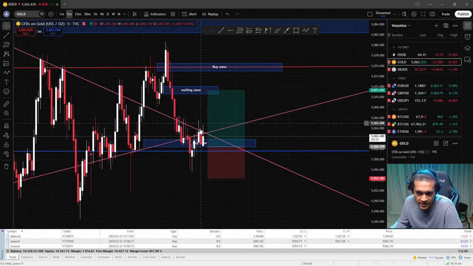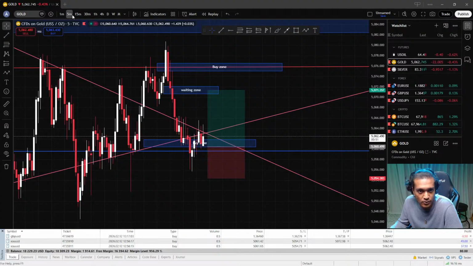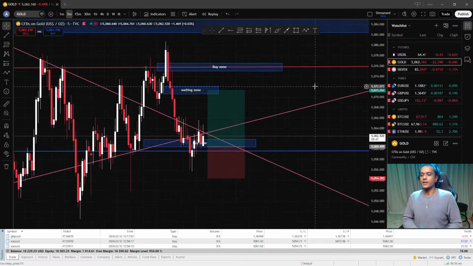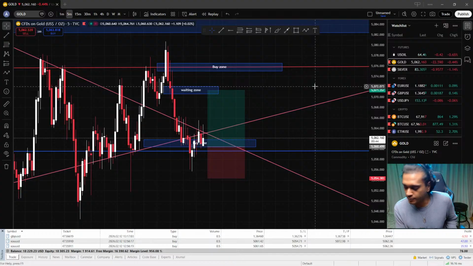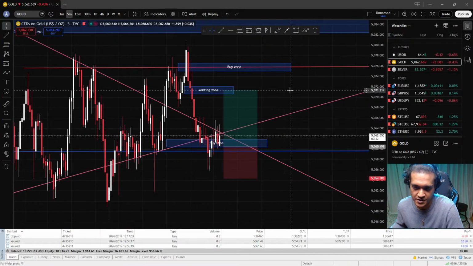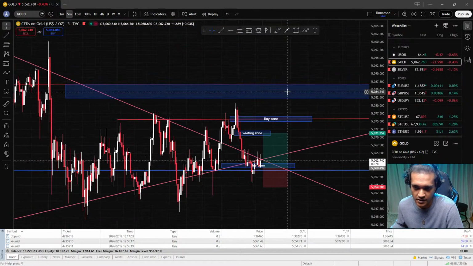Engulf this candlestick, bro. Give us a bullish engulfing candlestick. This is what we want. If a bullish engulfing candlestick happens, we know price is changing direction to be bullish rather than bearish.